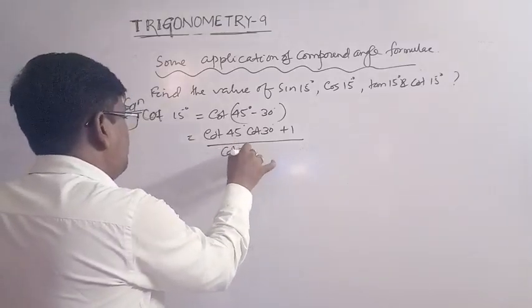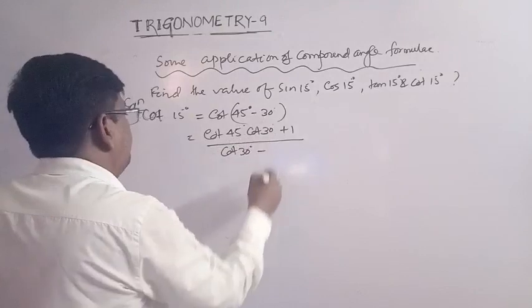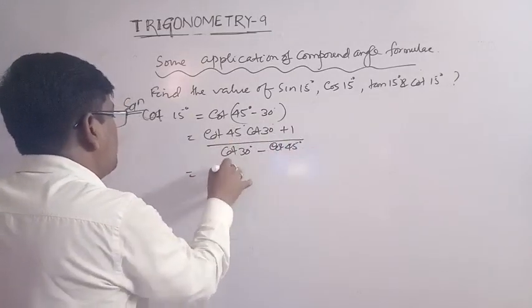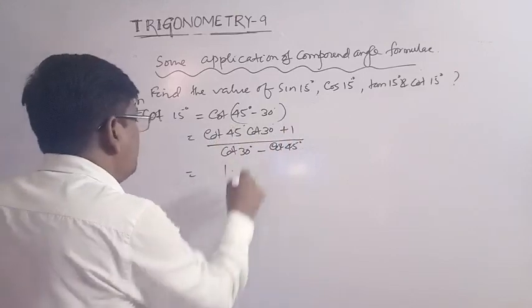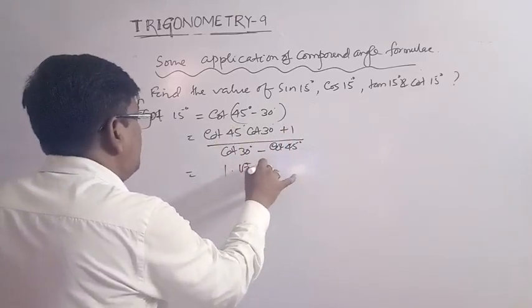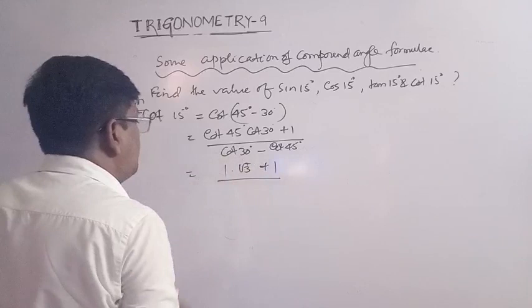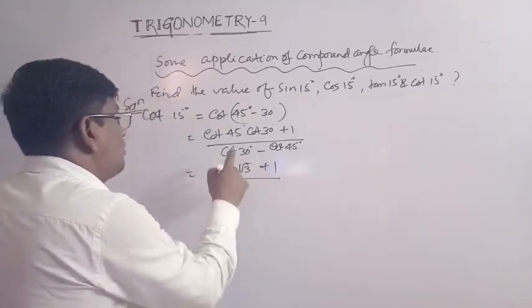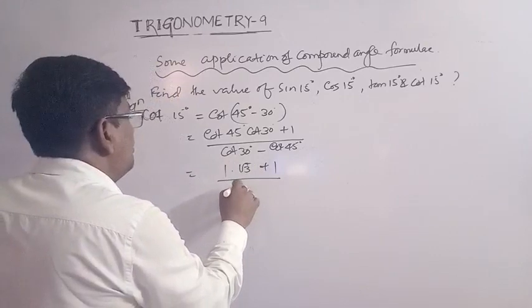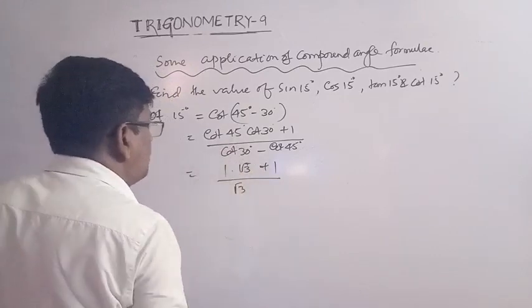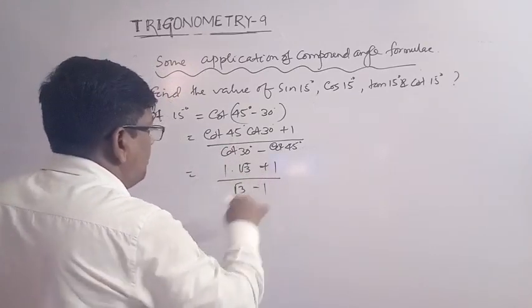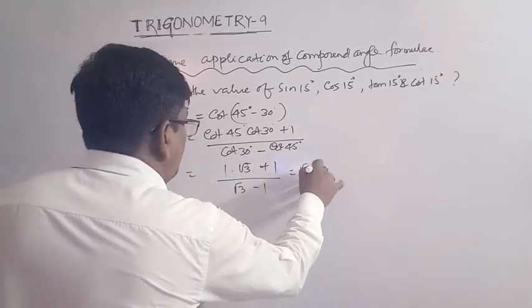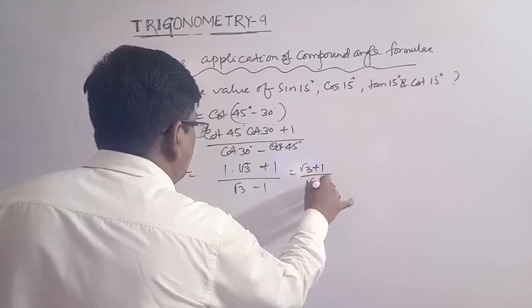Here cot 45 degree is 1, cot 30 degree is root 3. So this is equal to (root 3 plus 1) divided by (root 3 minus 1).